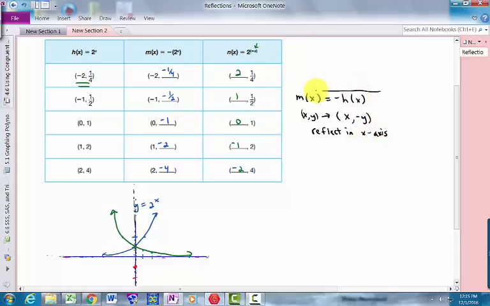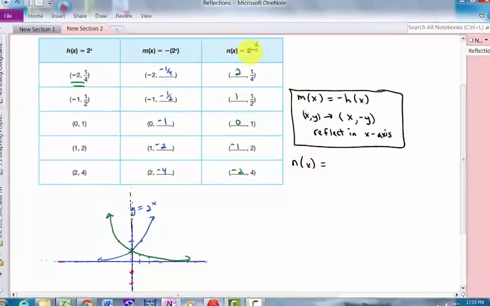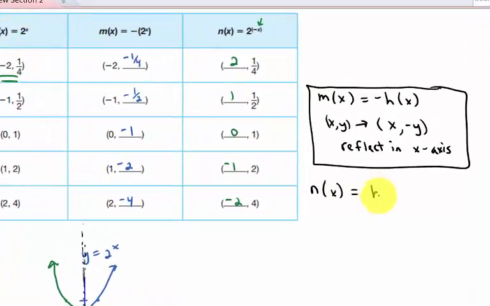Okay, so that was our first one. Our second one, how did we get n of x? What was done to make n of x? Well, we took h of x and we replaced the x value with a negative. So we took h of negative x to obtain n of x. Okay, so what did that result in?